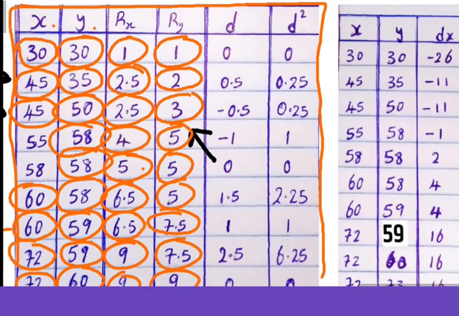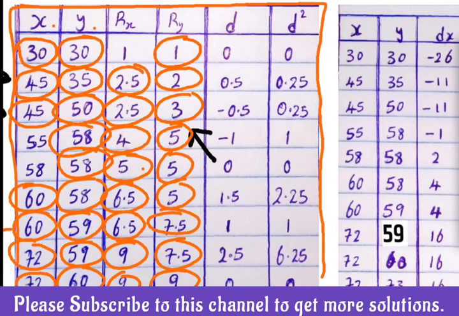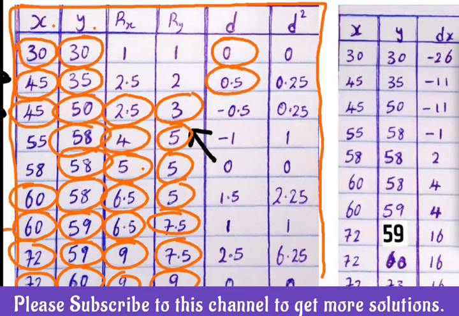So in this case now, rank X is what? For the first score, which is 30, rank X is 1. 1 minus 1 gives 0, which we have here. Then 2.5 minus 2 gives 0.5. Then 2.5 minus 3 will give minus 0.5.